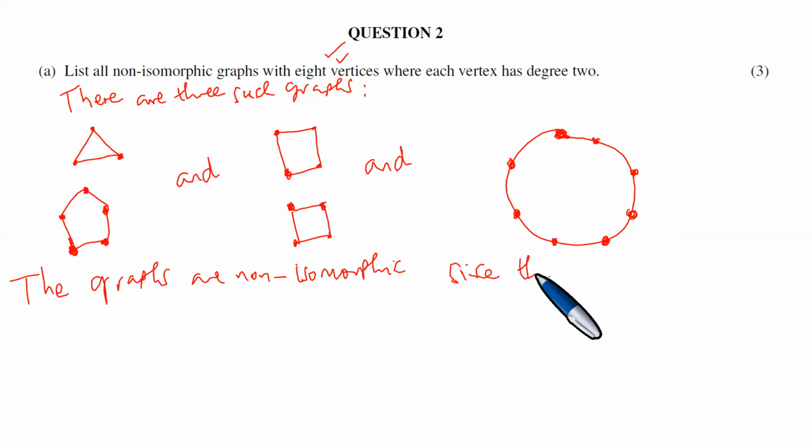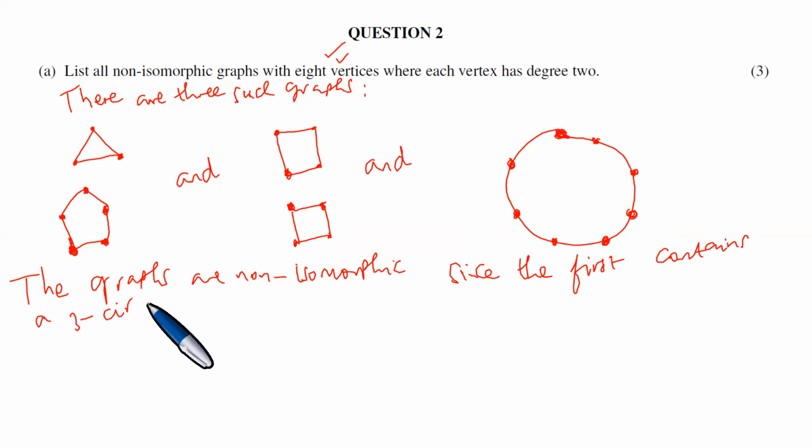The graphs are non-isomorphic since the first graph, we already discussed that, contains a 3-cycle. Okay, so we have a triangle there. So it's a 3-cycle in the first graph.